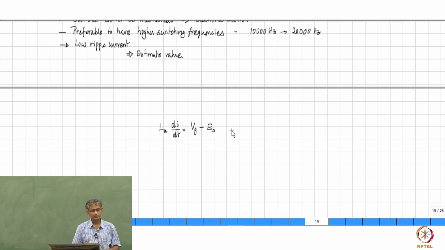So this is the equation that we saw. If there is now an armature resistance, you have one more term which is plus R into I.